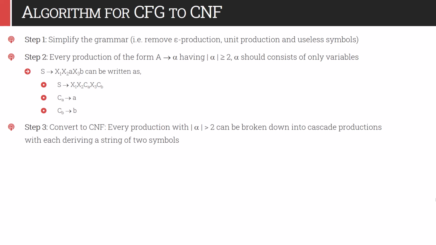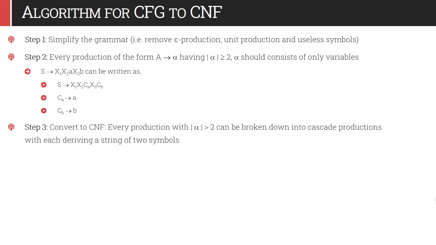And in step 3, we have to convert it into CNF. So the rules for CNF we already know. If any production has alpha with length greater than 2, then we have to break it down into multiple parts, such that on the right hand side we have a maximum length of 2.